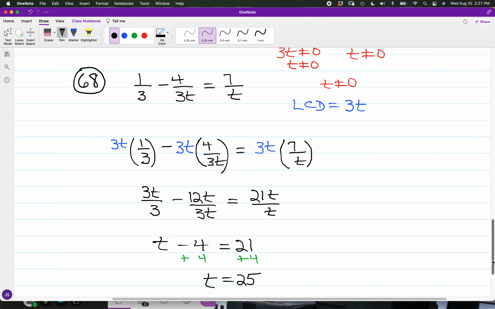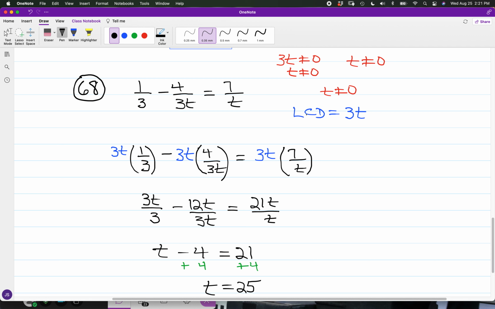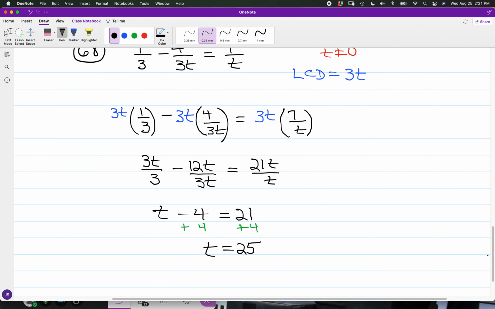We can go back and check. So 25 is non-zero in value. Again, 3t times 1/3 goes to t. Got subtraction, and 3t times 4/3t leads to the subtraction of 4. And again, with 3t times 7/t, the t's cancel out, and we have 21, and 25 will check out.